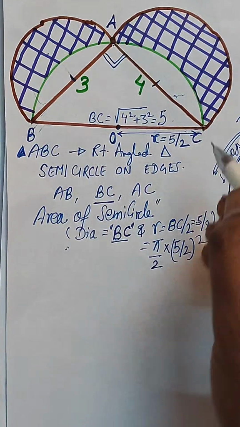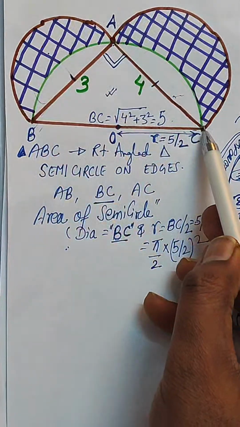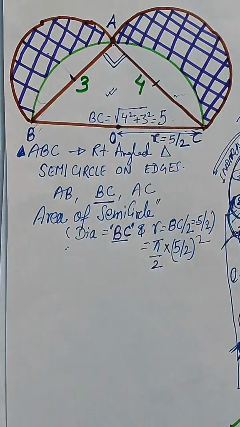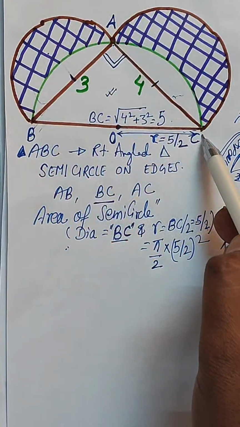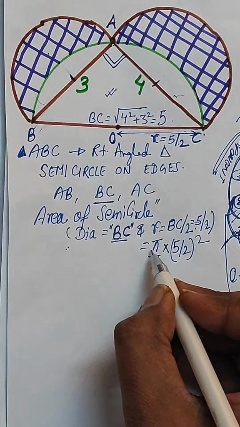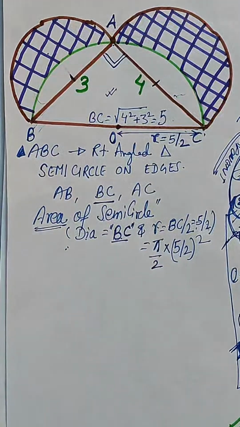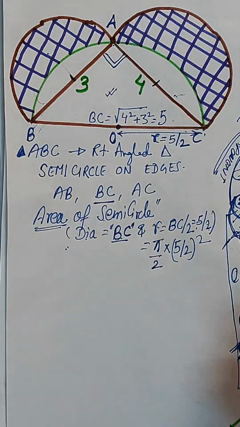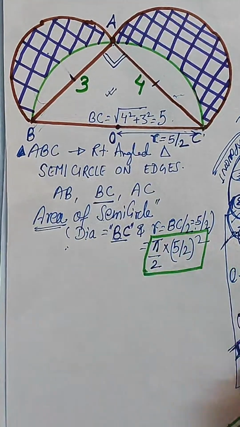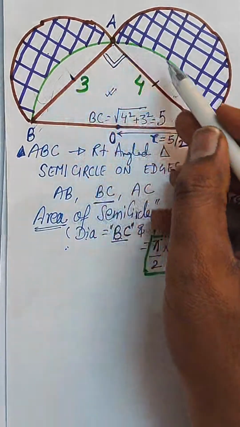So this is the area of this white semicircle, which is built upon the hypotenuse of this right angle triangle ABC, where BC, the hypotenuse, is acting as a diameter, right? Radius this, and this is the area of that semicircle, that is pi by 2 into 5 by 2 whole square. Now we have calculated the area of this semicircle.